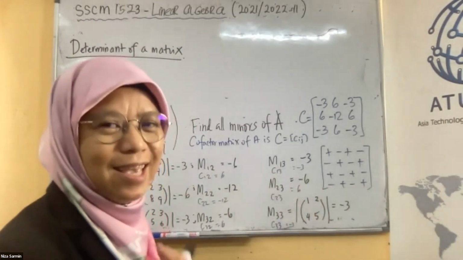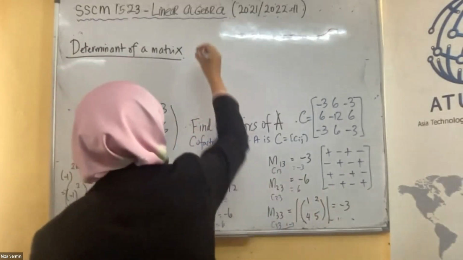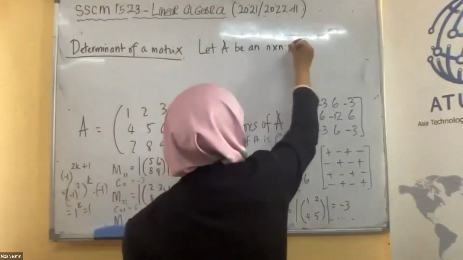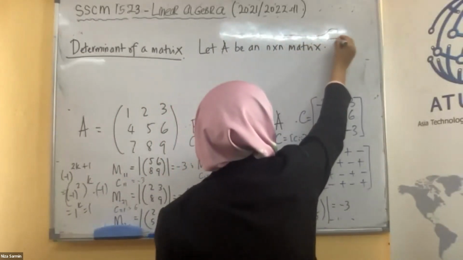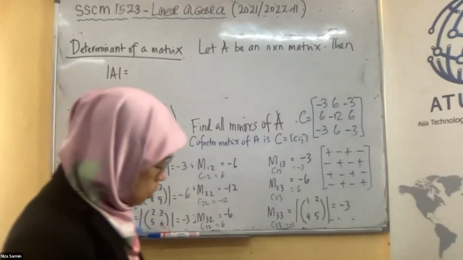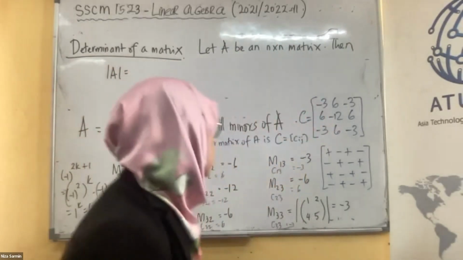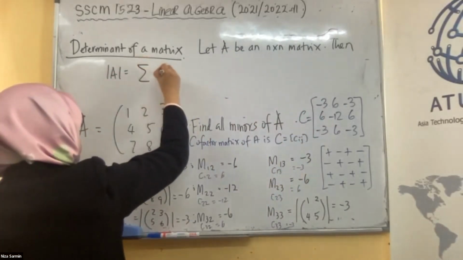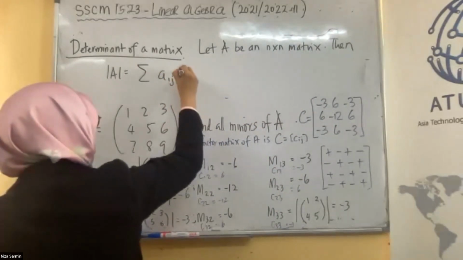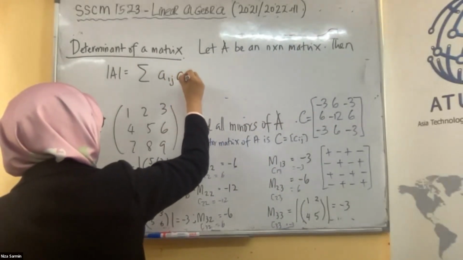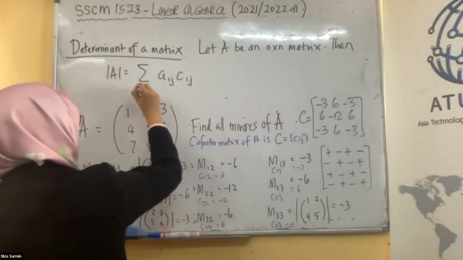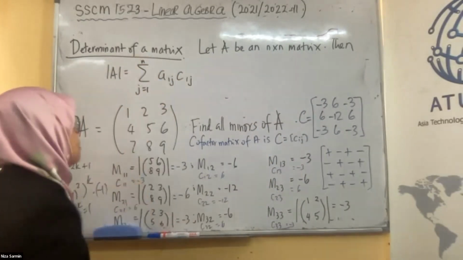Then write: the determinant of A is equal to the sum of A1j C1j, j from 1 until n.